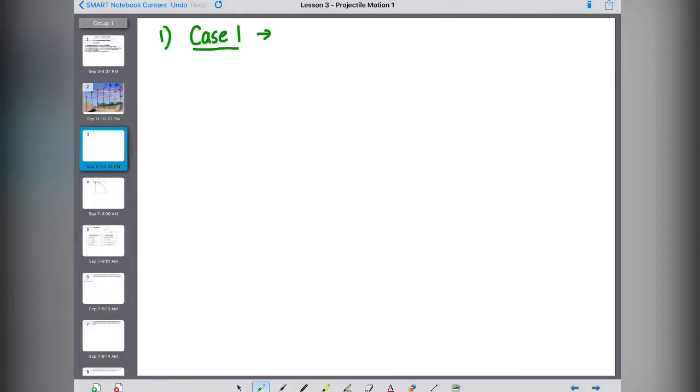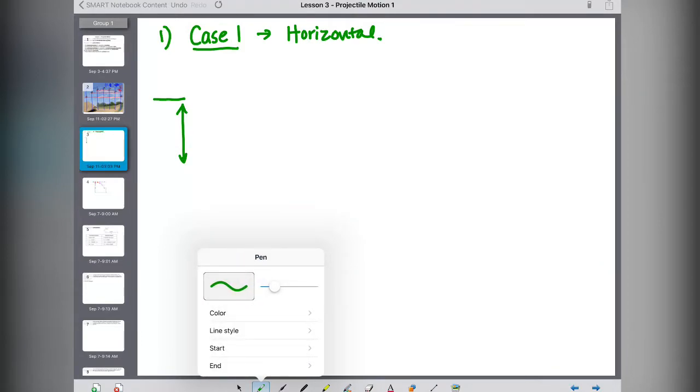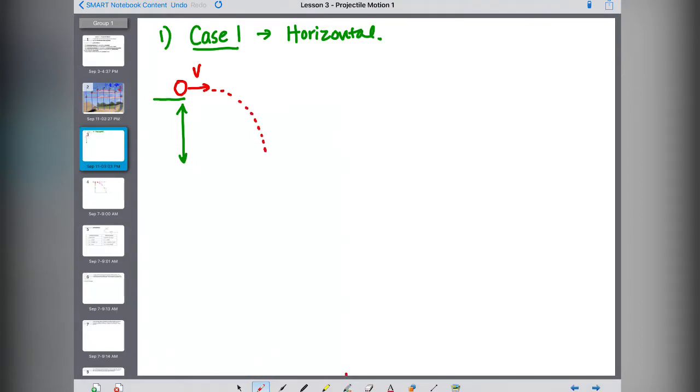Okay, case 1 is there's an object and it started off with a horizontal velocity. So like if I have an object that is, say, on a table, and then I have a marble that is going to, from the table, go horizontally with whatever velocity, and it's going to fall, experience the acceleration due to gravity, and it's going to hit the ground.